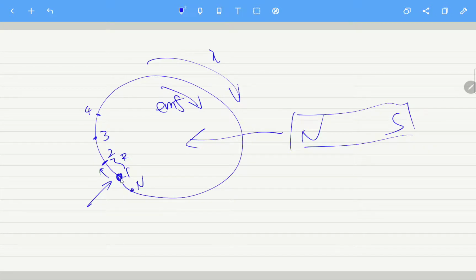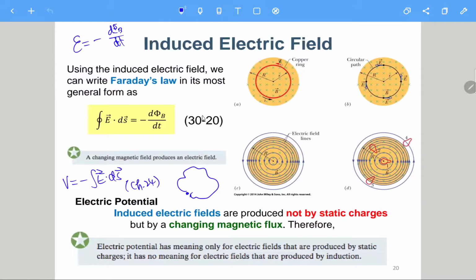But that's not the case. It's like going upstairs and around a loop, and then you come back to the same place. So you cannot simply apply the electric potential here, because this is not electrostatics anymore.